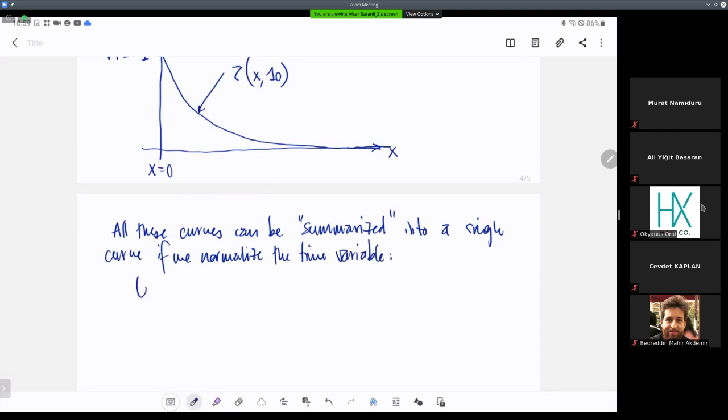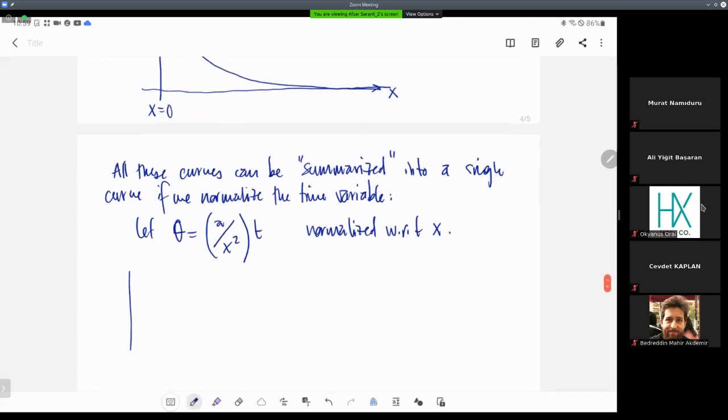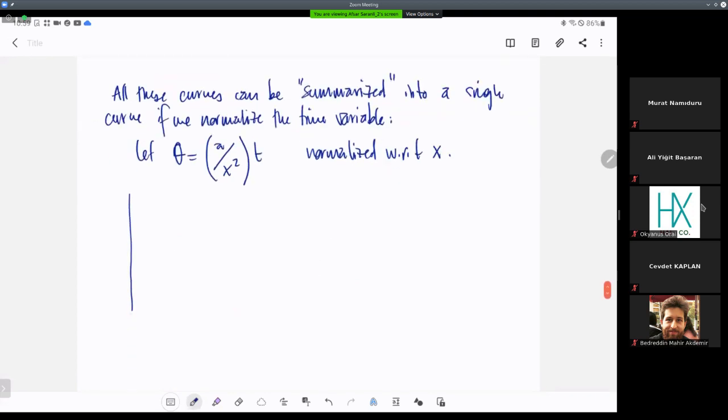Let this normalized variable be theta, equal to a over x squared times t. So theta is our new time variable, normalized with respect to x. So in this case, we get a function like this.